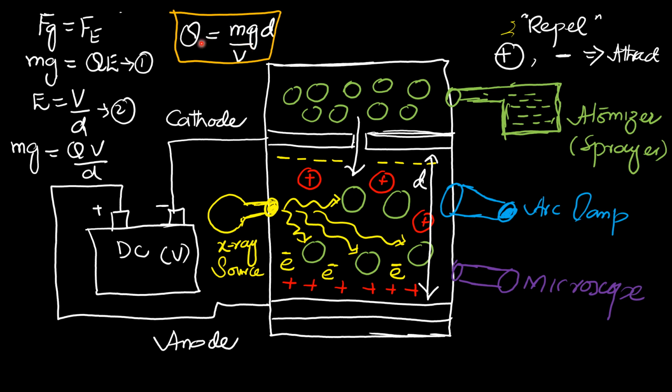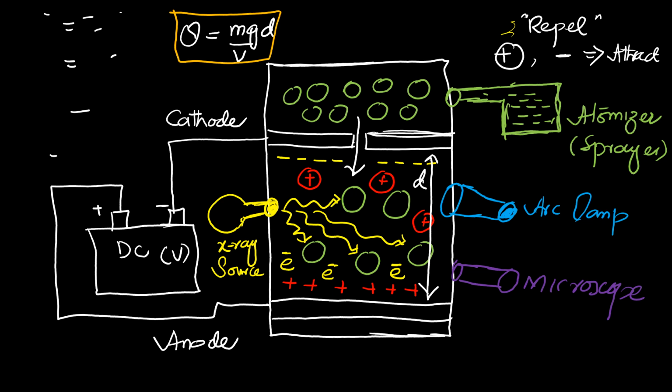On the basis of this, the charge on a positive ion was calculated, and Millikan noticed that the value of the charge on these positive ions had a specific pattern.